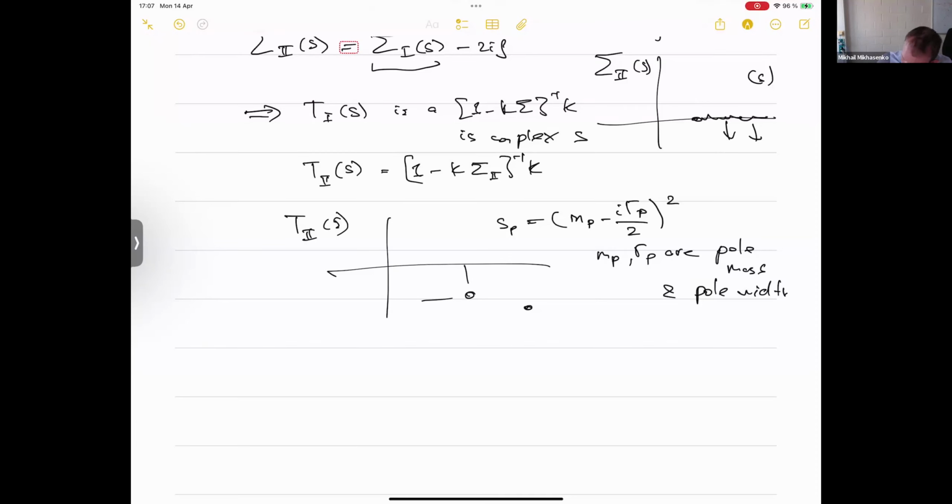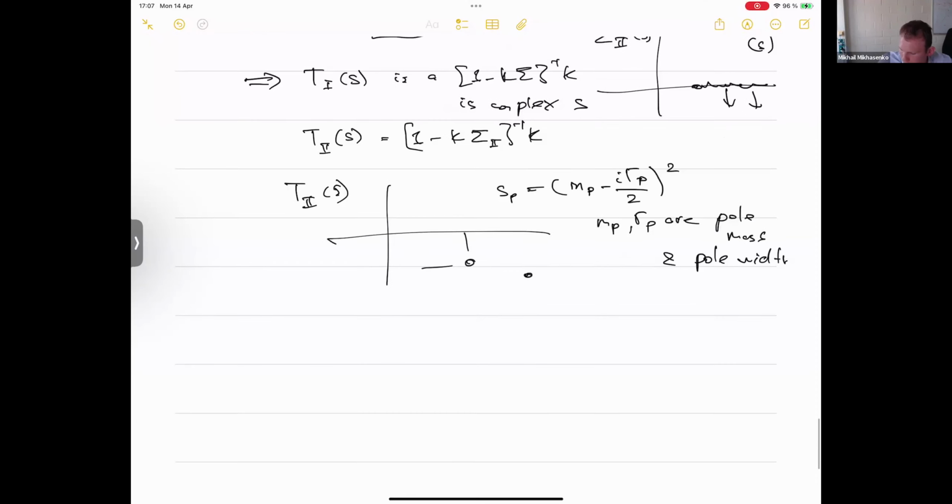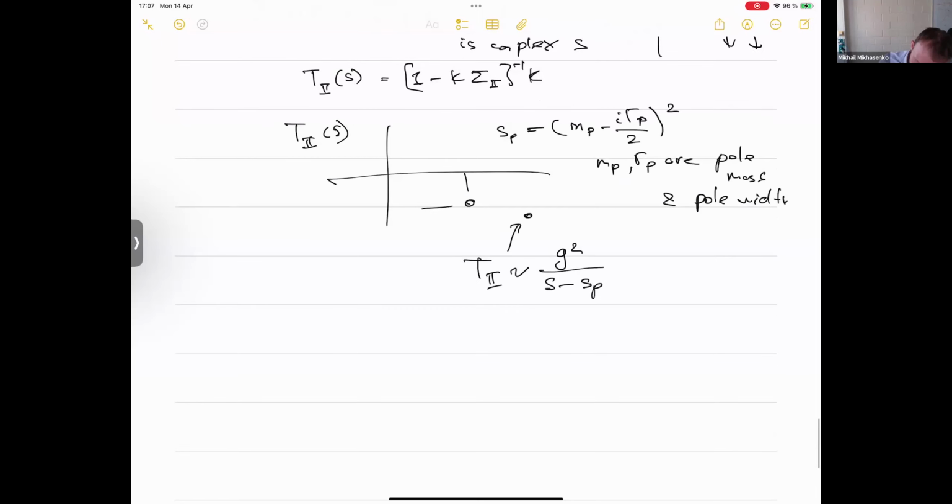One can also find the pole coupling, the pole residue, if in the vicinity of the pole one expands the amplitude as G squared over S minus S pole. Then G squared is computed as minus 1 over 2 pi i times the integral around this pole of my function T2 of z dz.